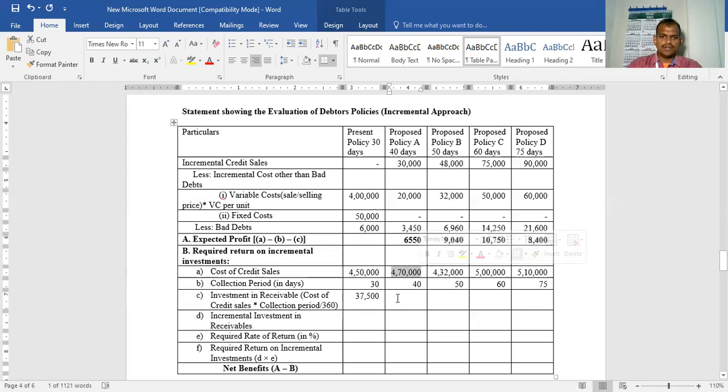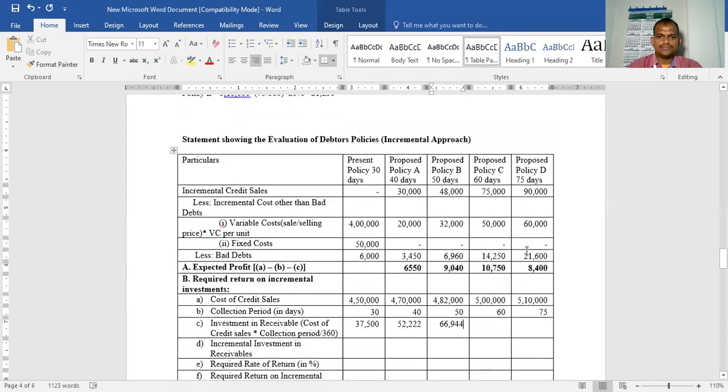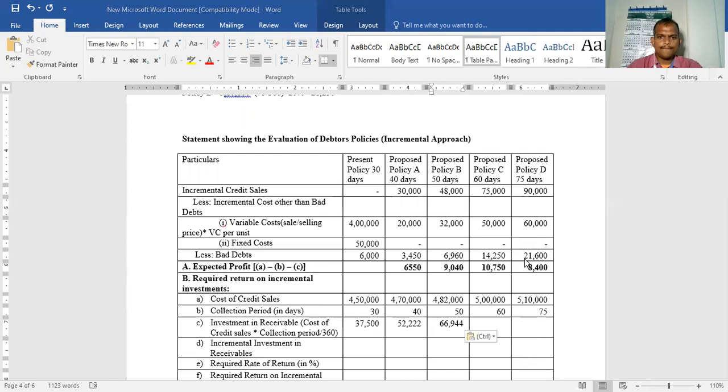Cost of credit sales 4,70,000 into 40 by 360, 52,222, and 4,82,000 into 50 by 360, 66,944. Then 83,333, and 1,06,250.